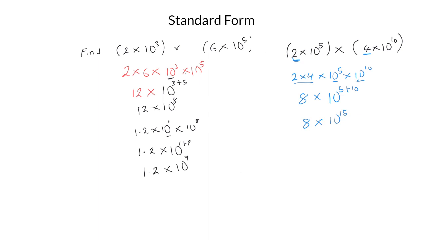Now, you see, the answer we have here is different from what we had here. Here we got 12, and we had to do another extra step of writing 12 in standard form. However, here we have 8, and 8 is just a number between 1 and 10. So we're going to stop there.